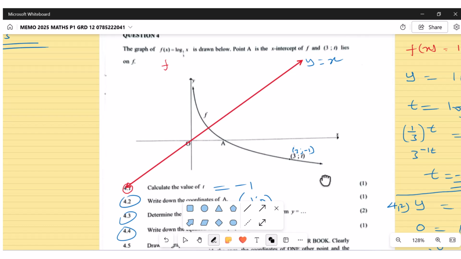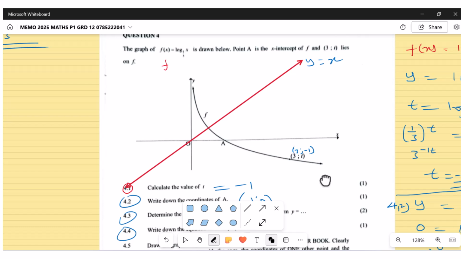So if I'm going to draw my inverse, this coordinate's image after this reflection is going to be somewhere here, and then it's going to come something like this.